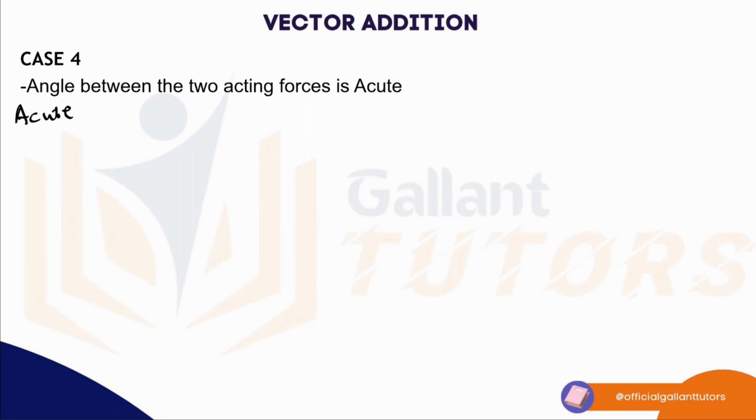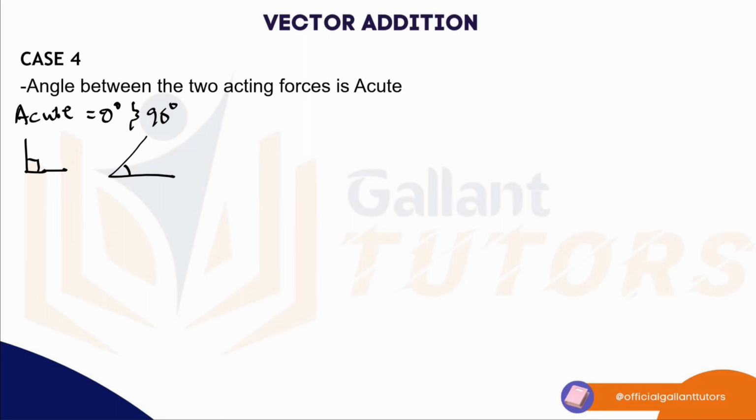Alright, so acute actually means angle between 0 degree and 90 degree. That's simply what it means. It's as simple as that. Okay, so what do you think it to be? You know, 90 degree means something like this, right? So you don't expect an acute angle to get to this size. So most of the times it looks like this, right? So less than 90, greater than 0. Alright, so less than 90, greater than 0.